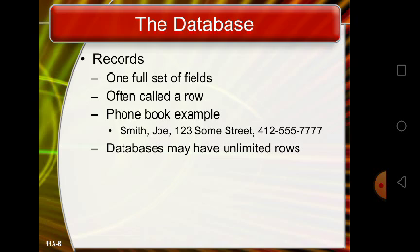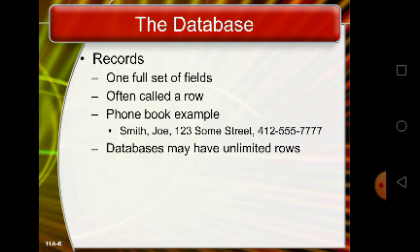All the information for the second person is record 2. All the information for the third person is record 3, and so on. The term row is sometimes used instead of record by IBM and Microsoft.